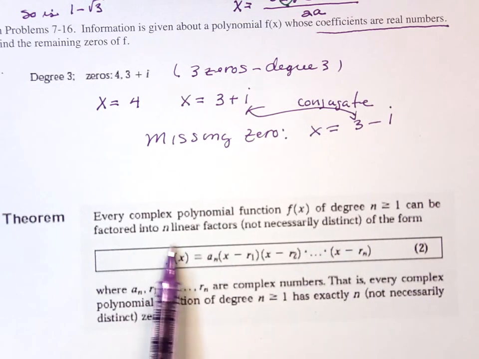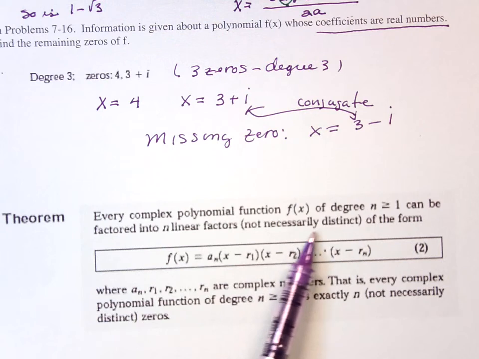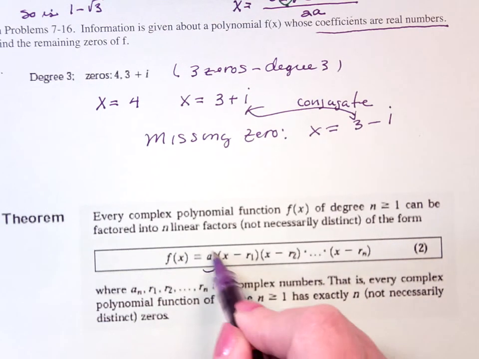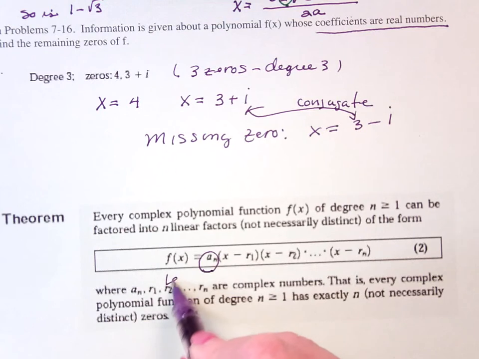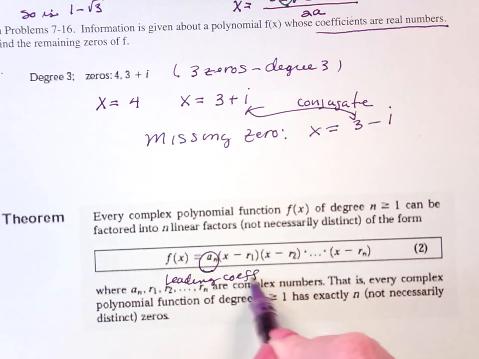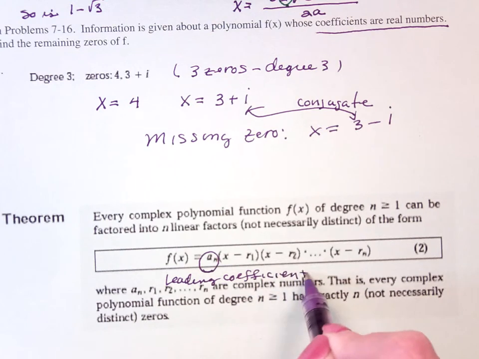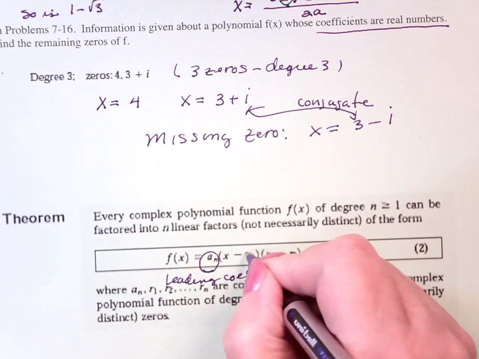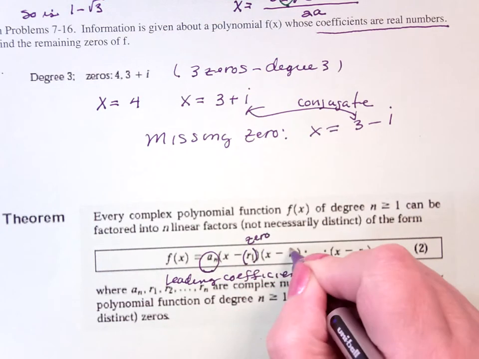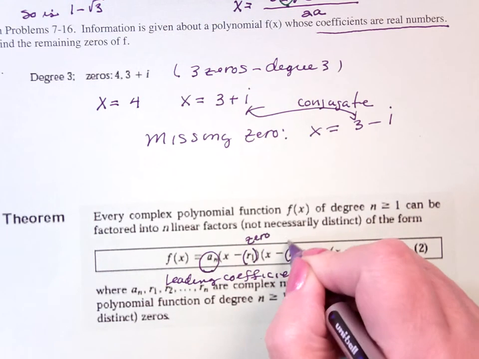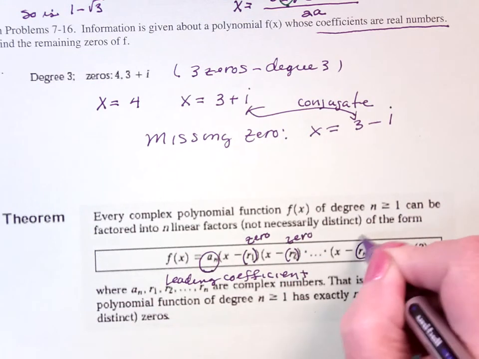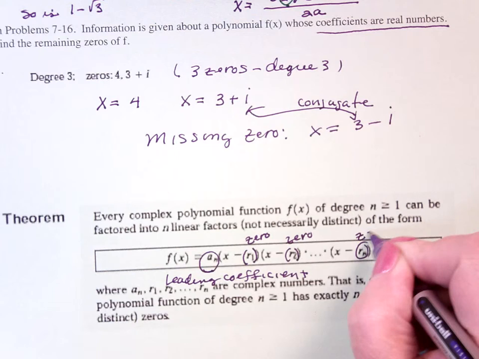It can be factored into n linear factors, not necessarily distinct, of the form: the leading coefficient times x minus the zero, x minus the zero, all the way down to x minus the zero.